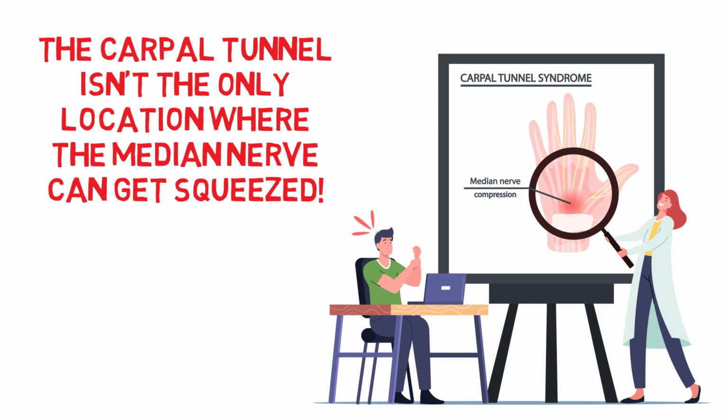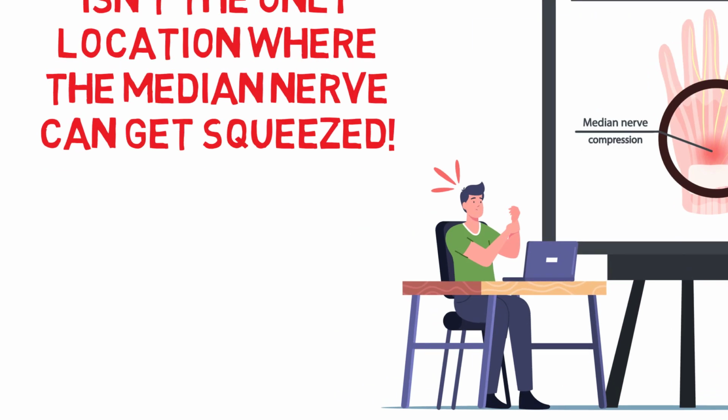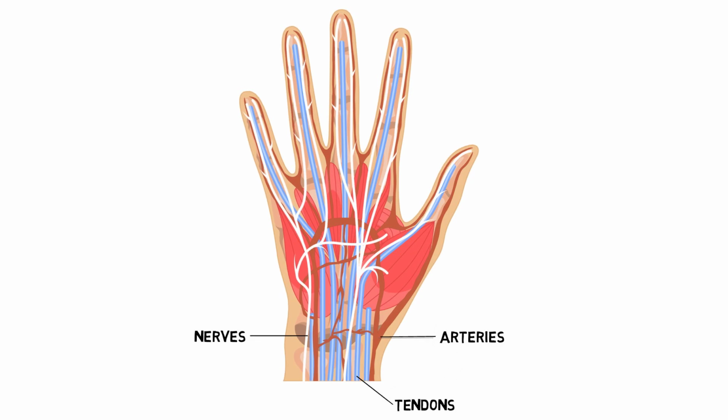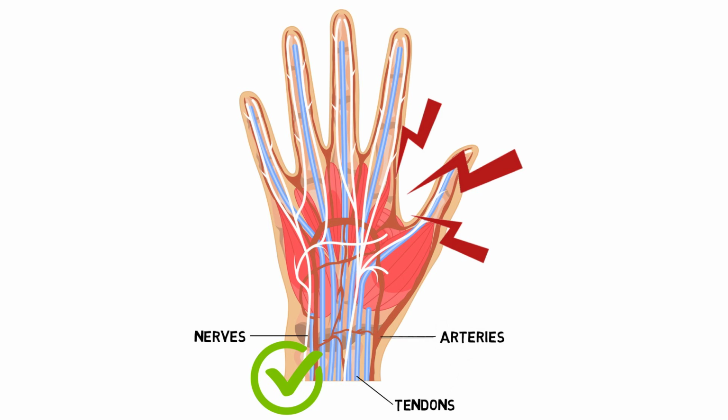There are at least half a dozen other locations where it can happen before it arrives at the wrist, that the decreased upper body mobility, strength, and stability that comes with poor computer ergonomics worsens the risk for. And suppose the median nerve becomes compressed at any of these other locations. In that case, it can still lead to referred pain and numbness later down the nerve at the hand, even if the carpal tunnel space was okay, given the misconception of carpal tunnel syndrome.